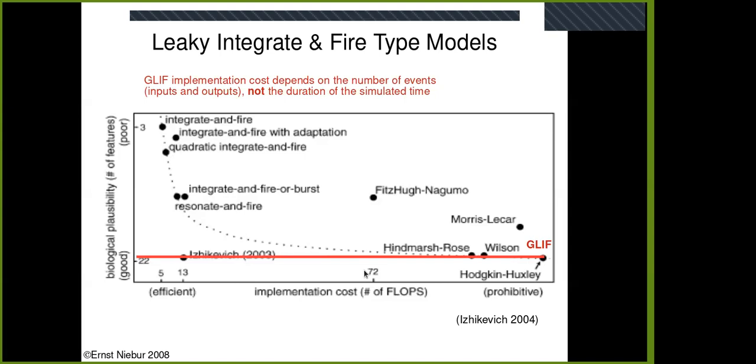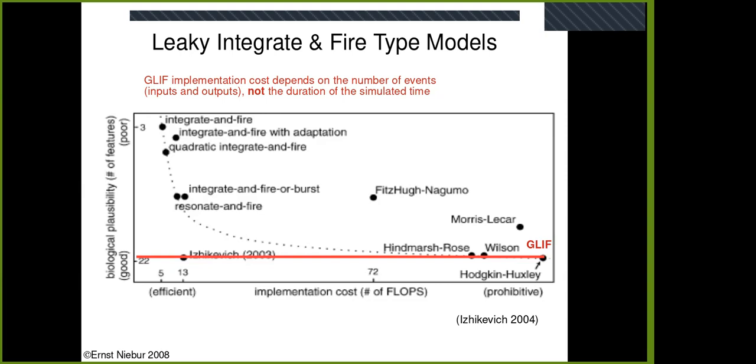With lots of inputs and lots of outputs, it would be prohibitive. In cases with low firing rates, like orbital robotics, we will be super efficient. So where we are, we have to look at it case by case.